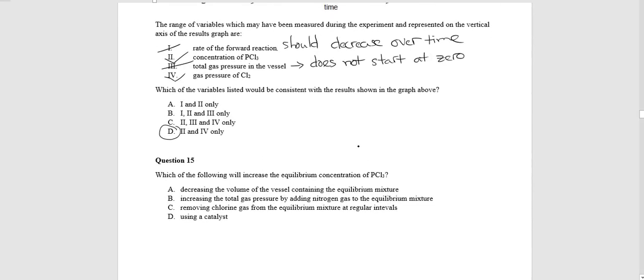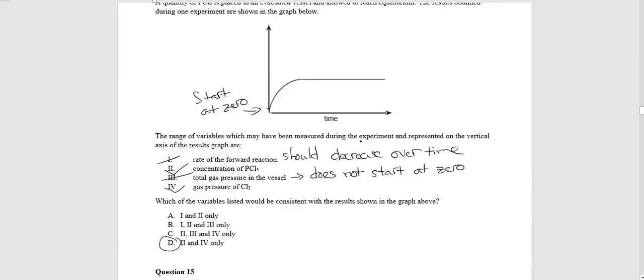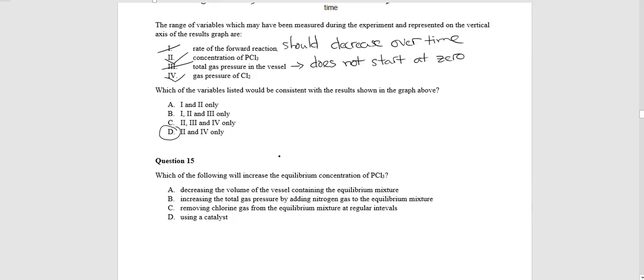Okay, last question. Which of the following will increase the equilibrium concentrations of PCl3? Okay, increase equilibrium concentration. Let me just rewrite the equation so I don't have to keep going back and forth. I think they're all gases, so this goes to PCl3 and Cl2.